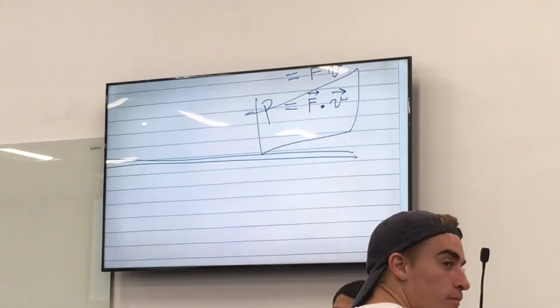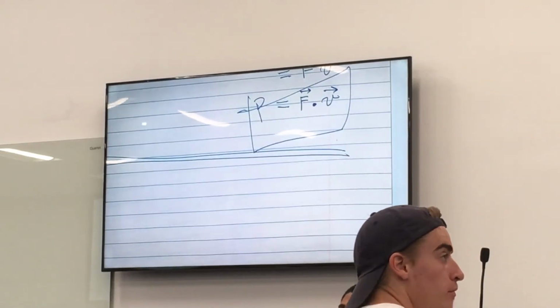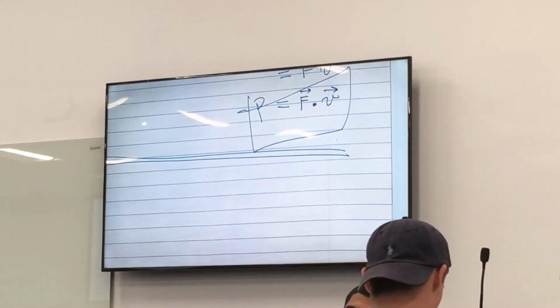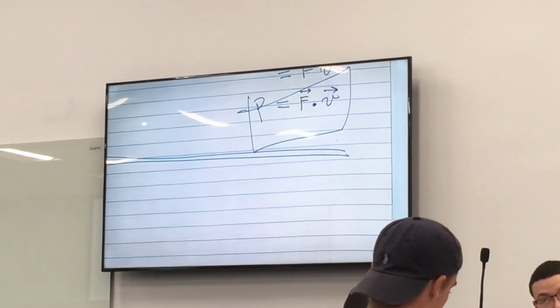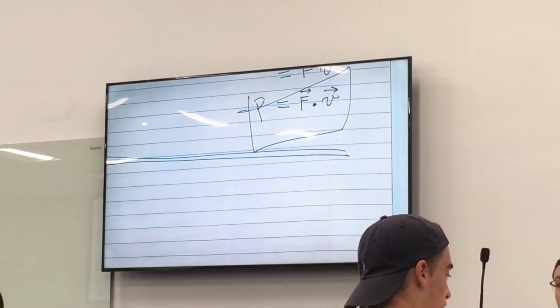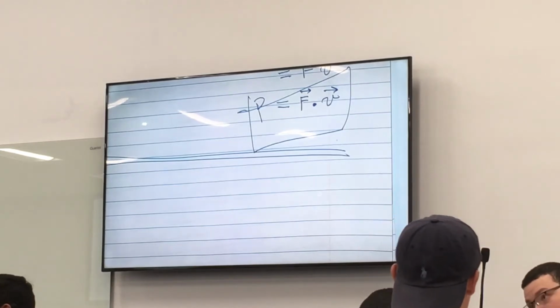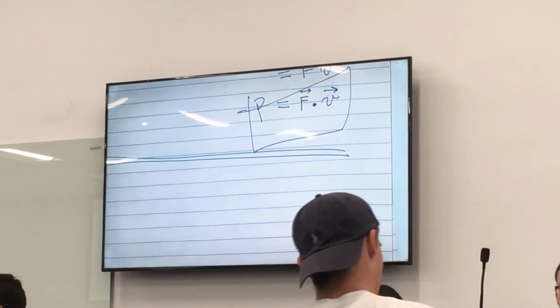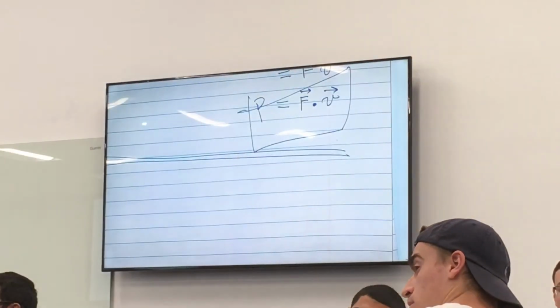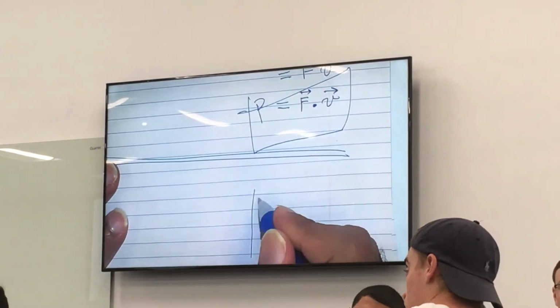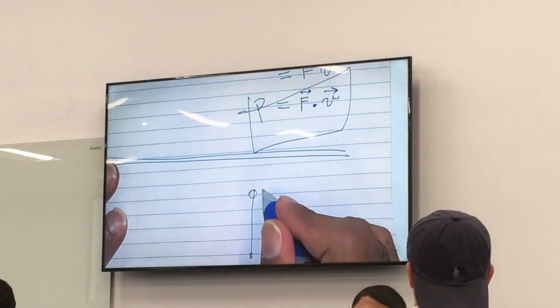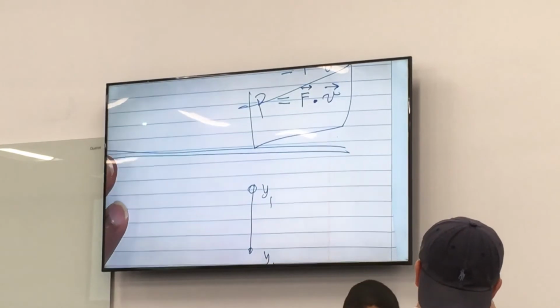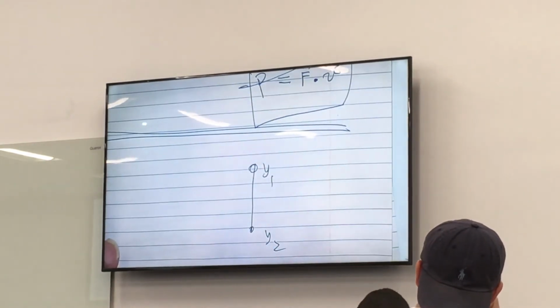So chapter 7 is pretty much a continuation of chapter 6, and the problems will be much easier in chapter 7. Much easier, okay? So the concept is that you're going to have to write the work done by gravity as a difference in two quantities. If you have something falling from y1 to y2, you can write the work done by gravity as mg y1 minus mg y2.